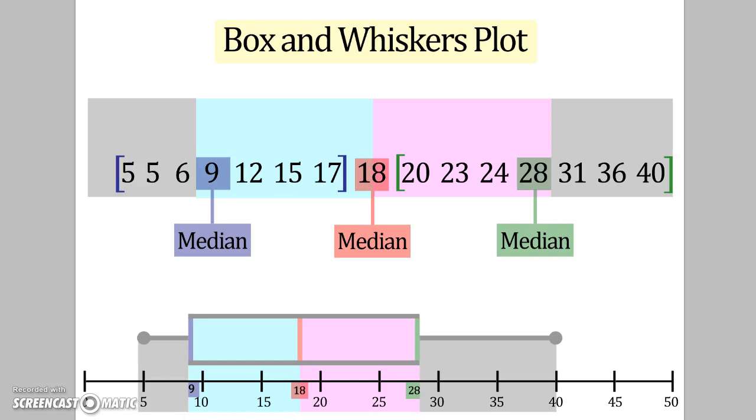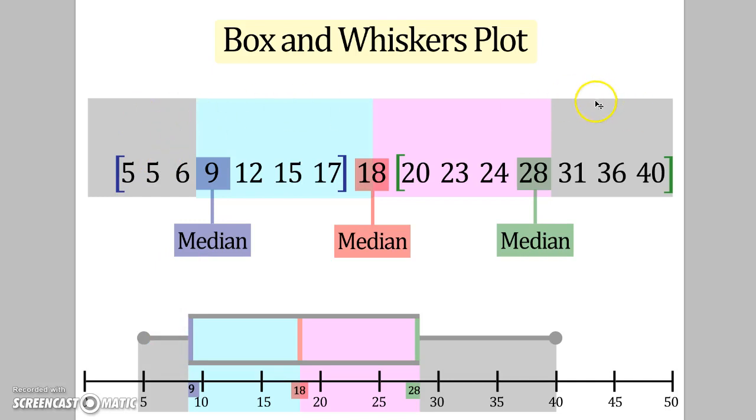So to complete the box and whiskers plot, we take the range outside of our second median value over here, and we create the right whisker. It doesn't matter whether you create the right whisker or left whisker first. The point is just to get the values correct. The whiskers are going to be both ends of the data set.